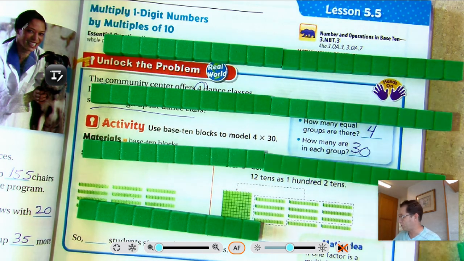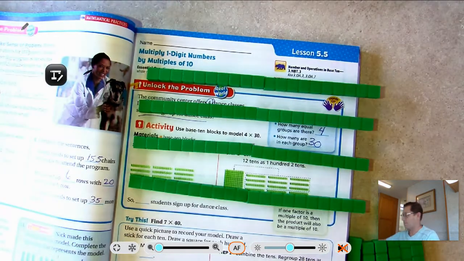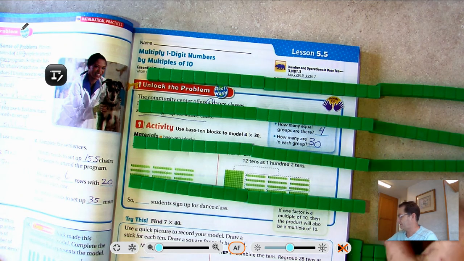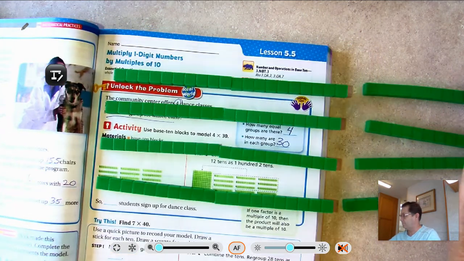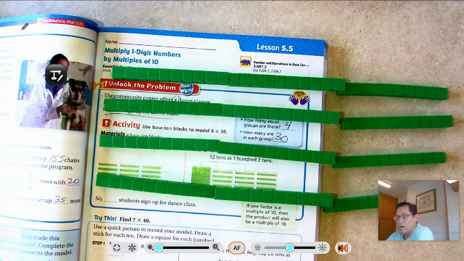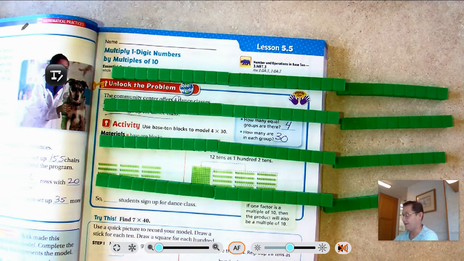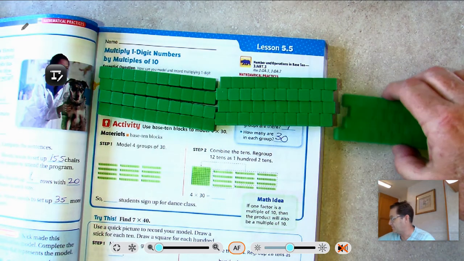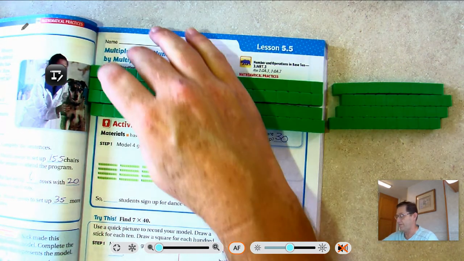So right now I have 4 groups of 20. And now we have 4 groups of 30. All right, so we've modeled 4 groups of 30, 10, 20, 30, and there are 4 sets of the 30. Okay, so let's go ahead and put them together so we can see the rest of the book. Okay, so that's step 1, model them.